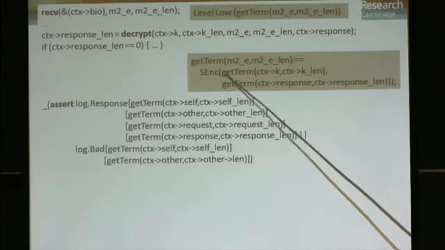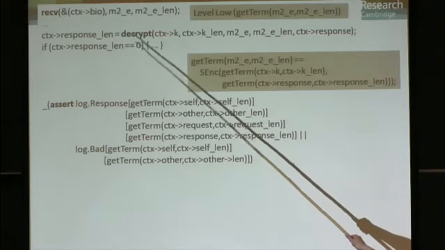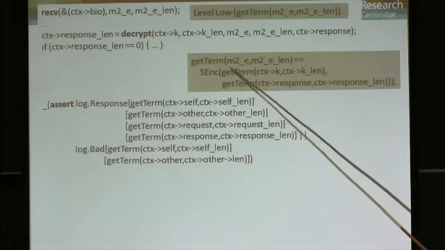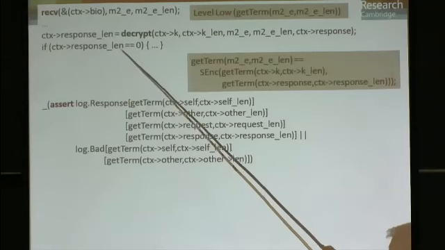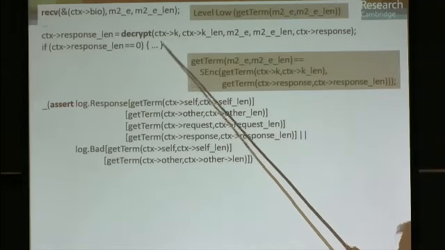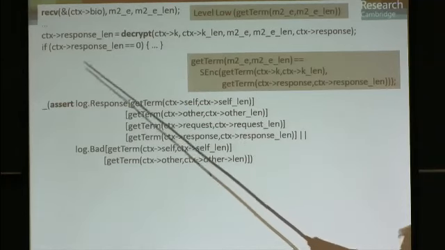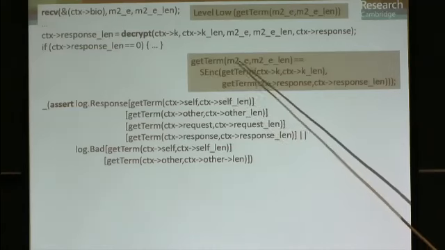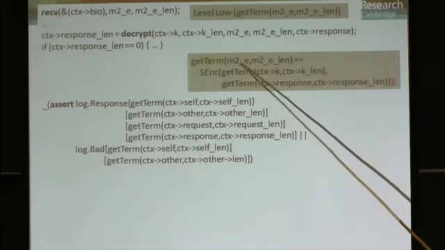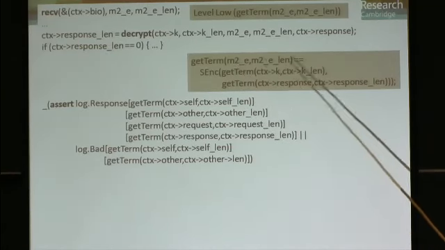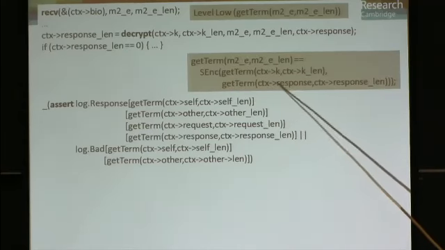So if we instantiate the postcondition of decrypt, you get this. It's only true because we've checked that the response wasn't zero, so we abort at that point. So this holds if we fall through after the if. So we know that the ciphertext that we received off the wire actually was this senc.